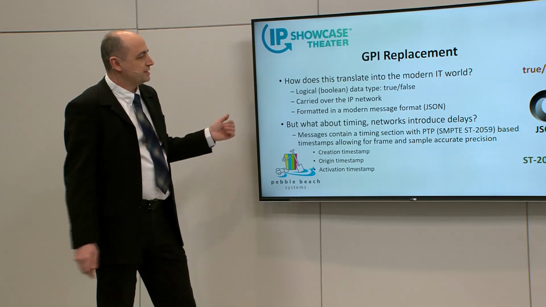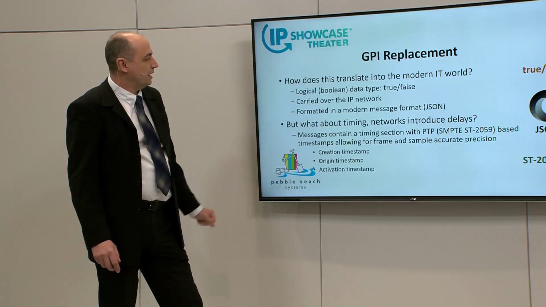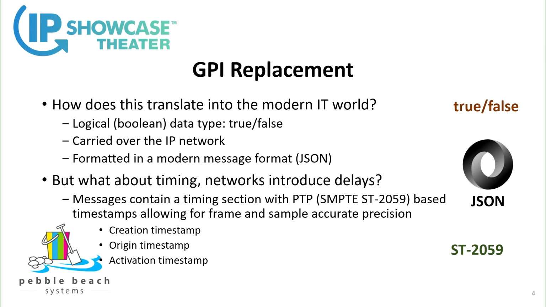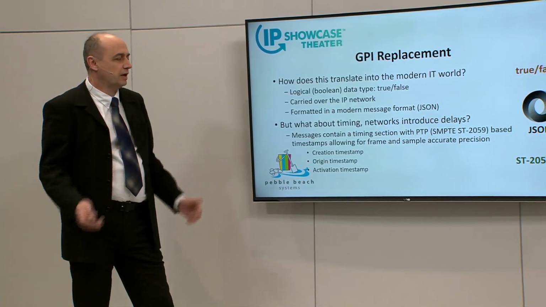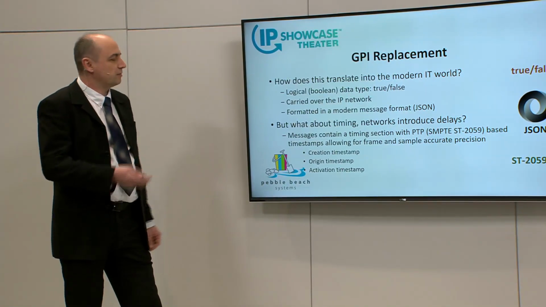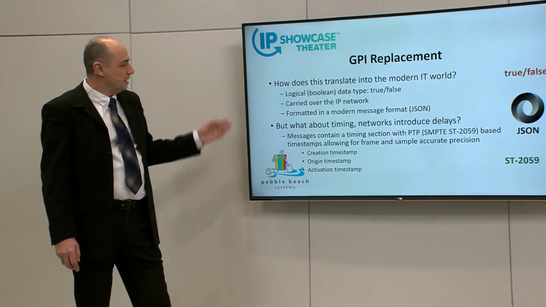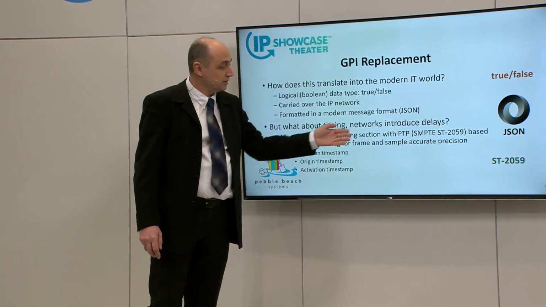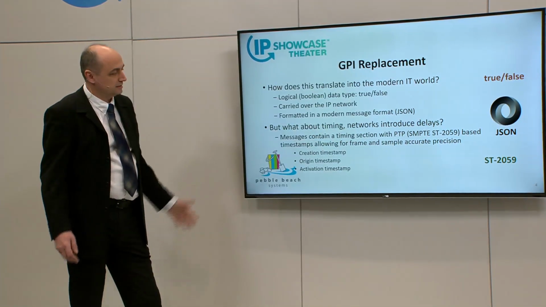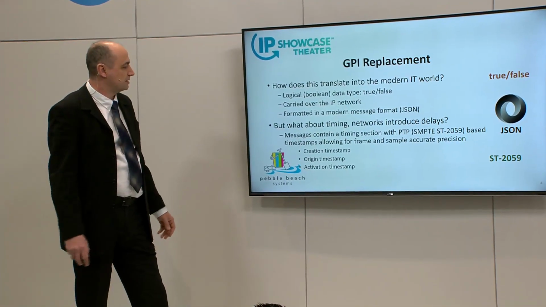One of the first principles of ISO 7 was to add a timing section within the JSON message, and those timestamps are actually PTP timestamps. PTP, as you know, is at the core of 2110 and all the IP networking, and has a very, very high precision, even much higher than what is needed for this. But it does allow absolute frame accuracy or even audio sample accuracy, as the resolution is nanoseconds.